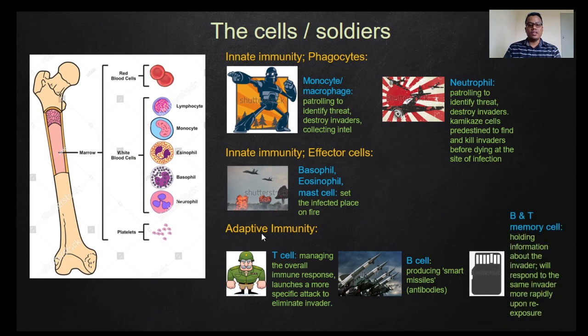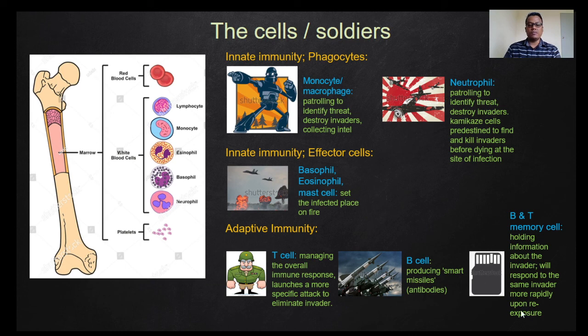And in the adaptive immunity, we will also have B and T memory cells. This memory cell will hold information about the invader and will respond to the same invader more rapidly upon re-exposure in the near future.